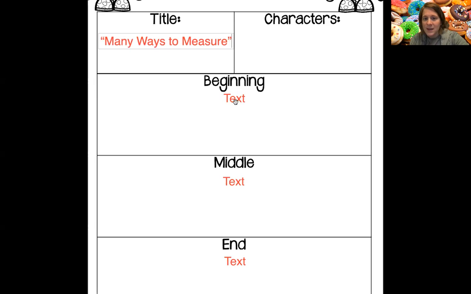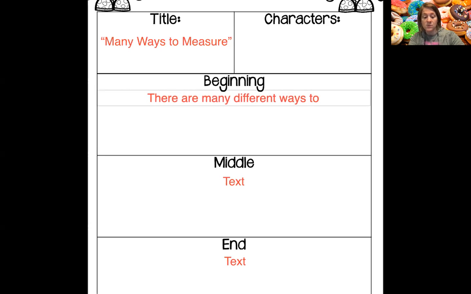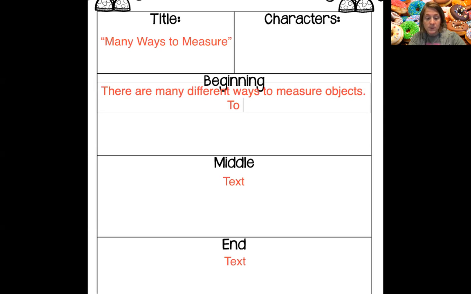Okay, now let's just go ahead and talk about what you guys already said. You already told me at the beginning there are many different ways to measure objects. There are many different ways to measure objects.